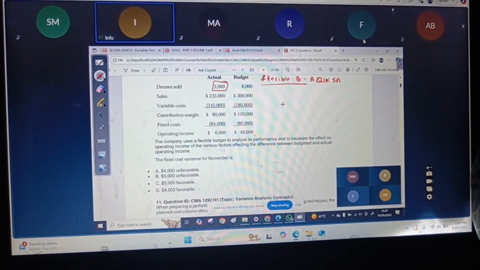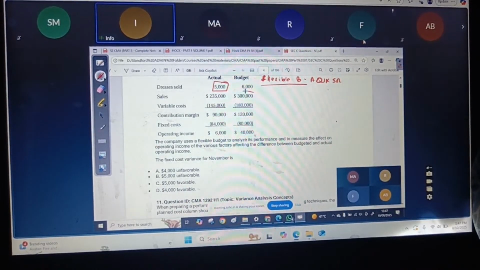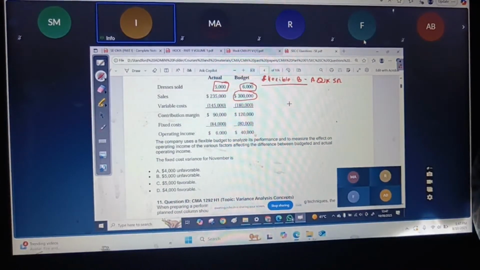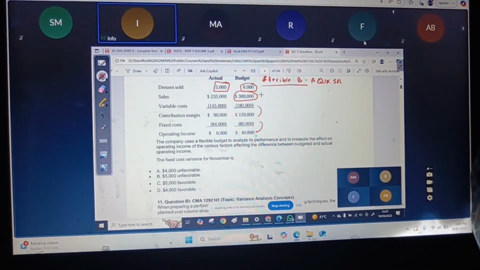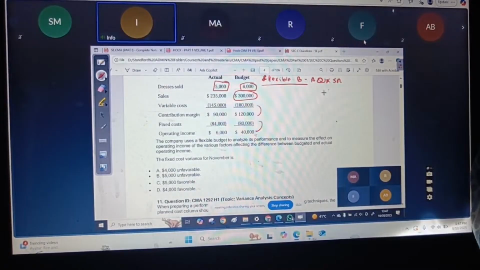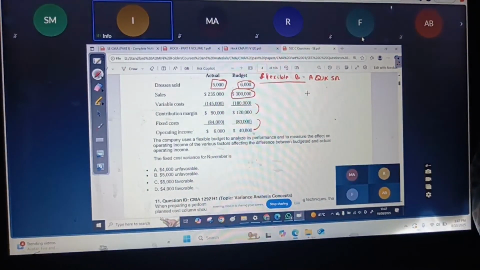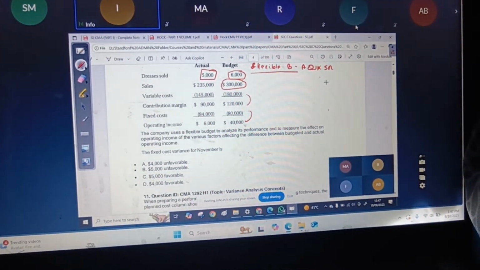How do we find out the standard rate? $300,000 divided by 6,000 units, right? So $300,000 divided by 6,000 is $50. So how much is the revenue under flexible budget? 5,000 multiplied by 50. That is $250,000, right?